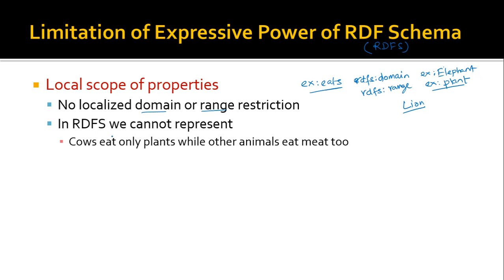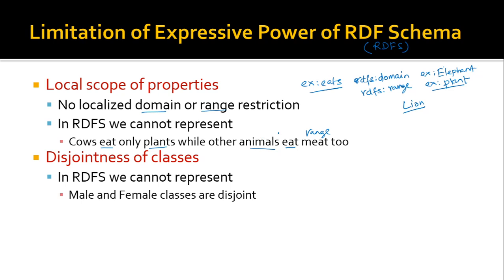We cannot really represent something like this: cows eat only plants while the other animals eat meat too. The eats property for cow has the range plant, but for the other animals it has the range meat, which is different from plant, and that is what you cannot express in RDFS, right?